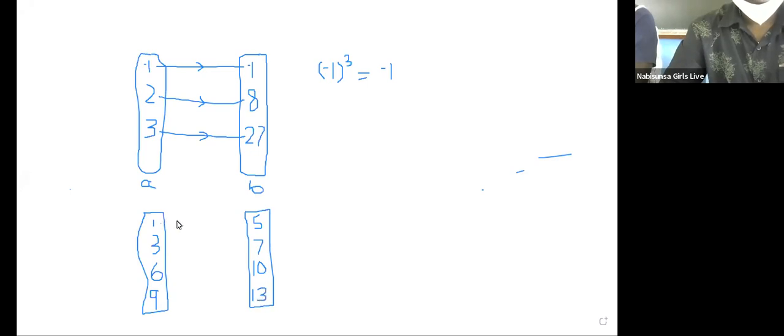So I hope you are drawing it on your side. This is where the arrow is pointing.